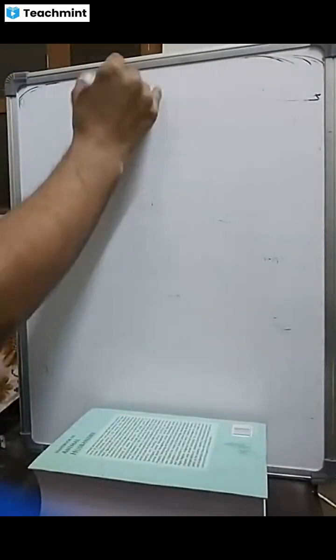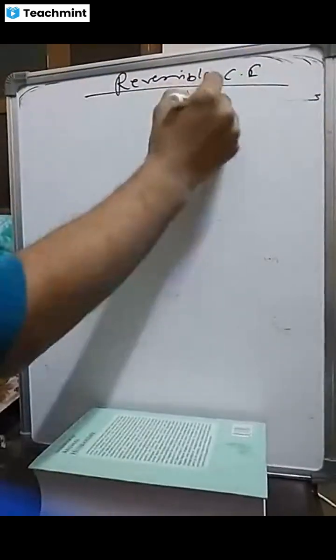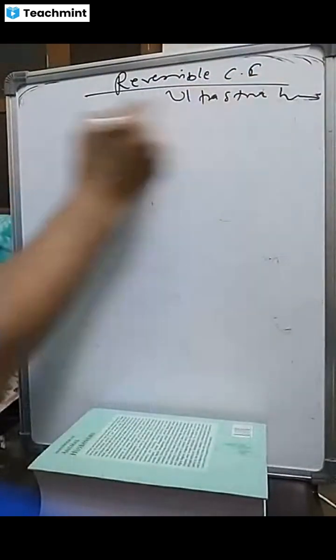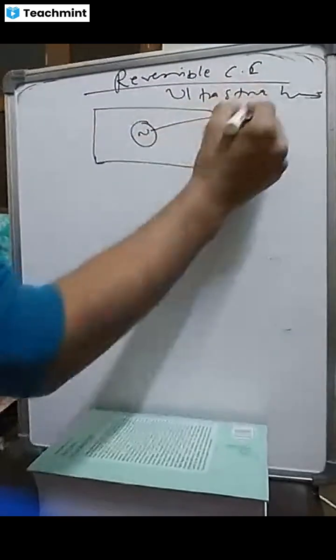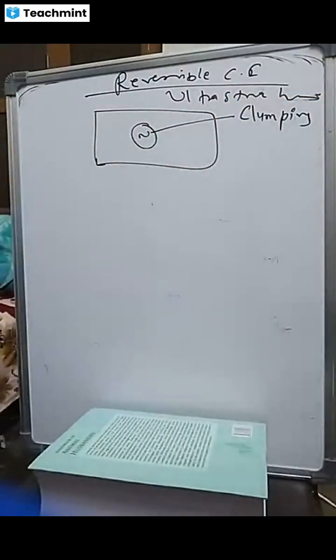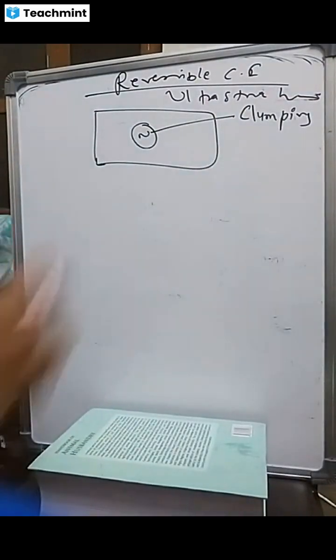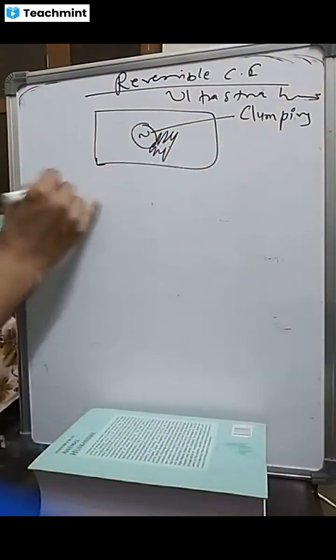Next we move on. So we are studying ultrastructural changes. At the nucleus level there is clumping of nuclear material. Second, the ER.